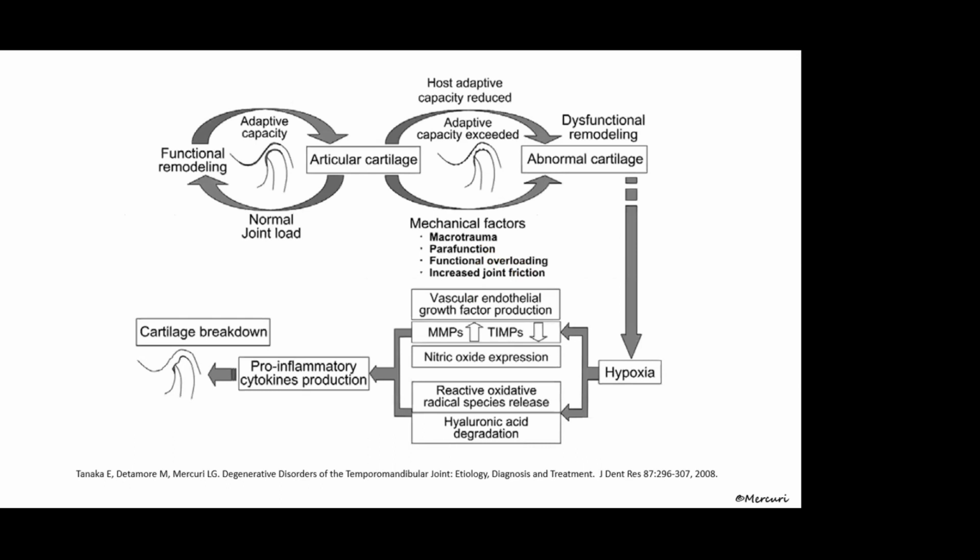This is a slide that I showed in my last presentation, but is germane to today's presentation. Normal joint put under normal function will adapt. What we're dealing with in osteoarthritis is maladaptation due to either microtrauma, parafunction, functional overload, or increased joint friction.